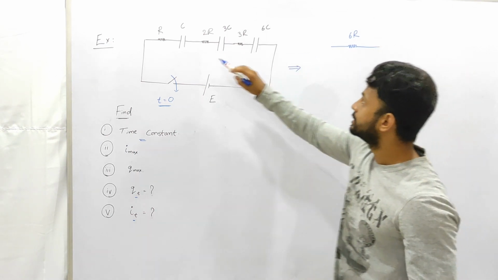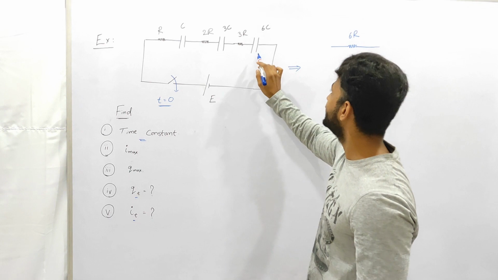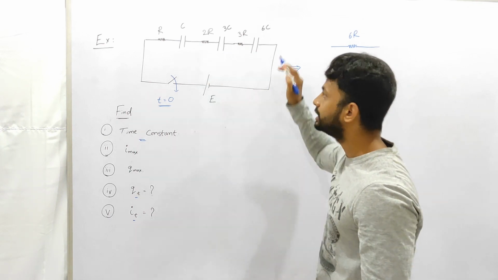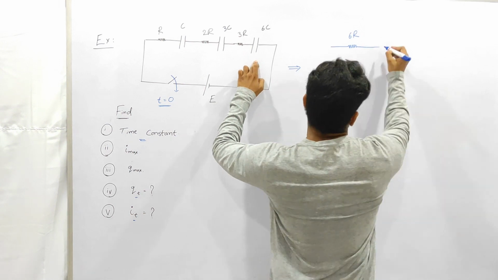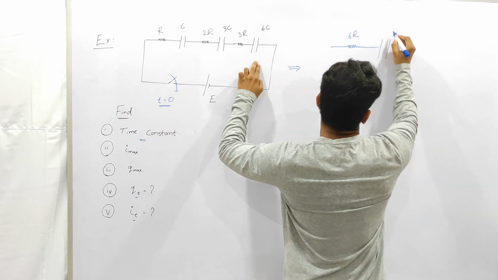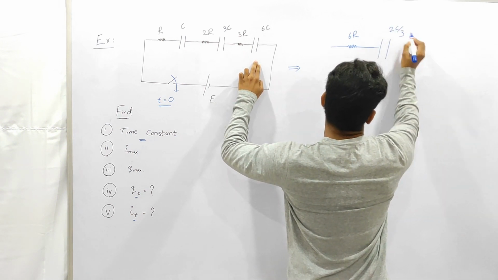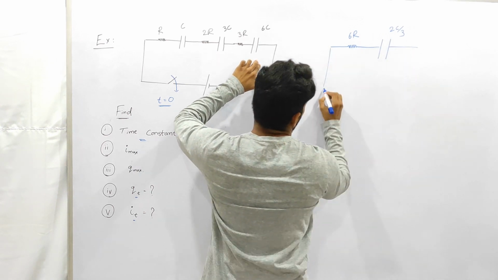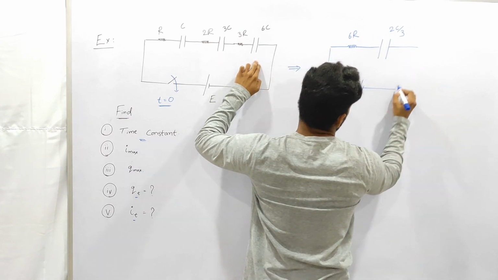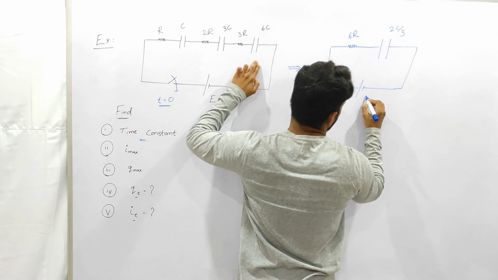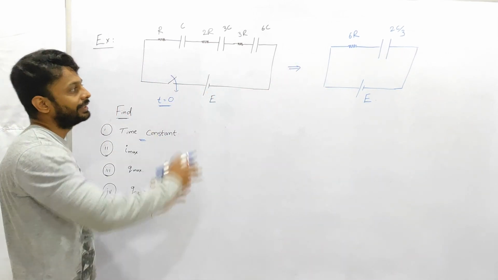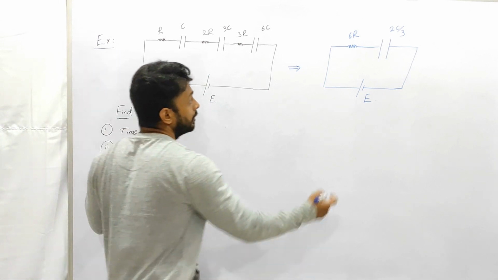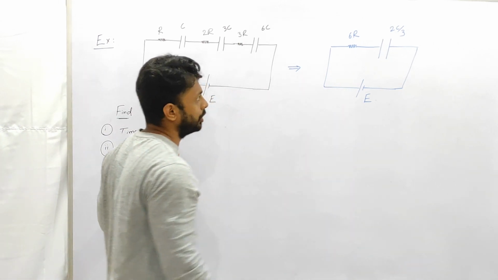And here C, 3C and 6C, 3 capacitors are connected in series, so the effective capacitance becomes 2C by 3. And this is connected across a battery of EMF E. That's the simplified circuit.